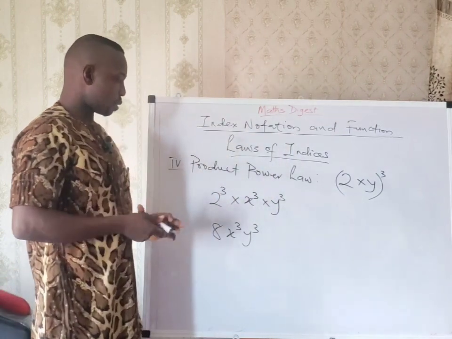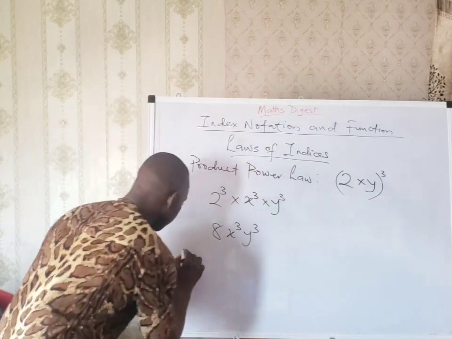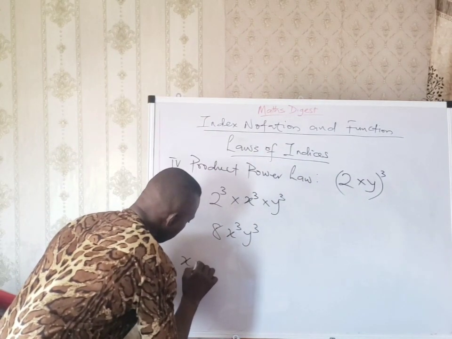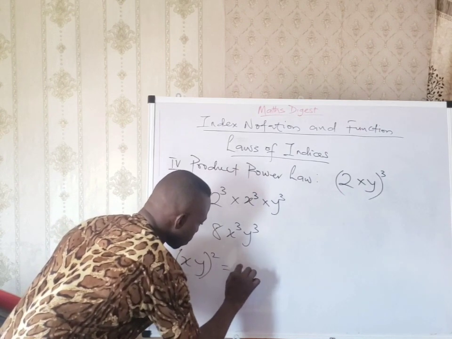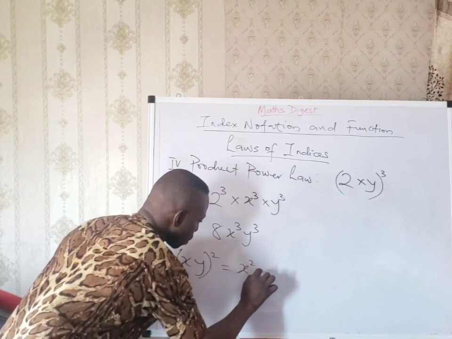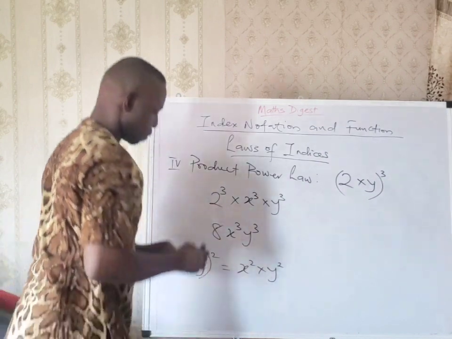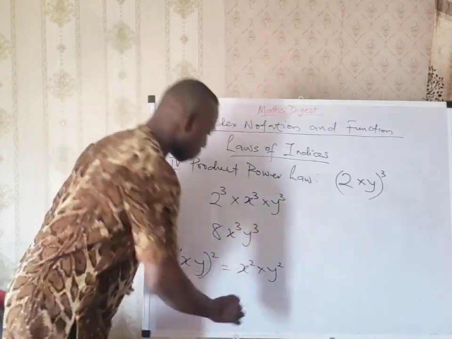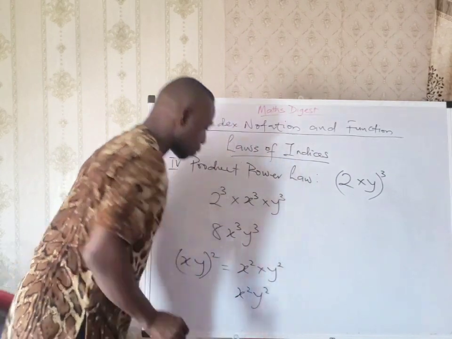Now, in general, if you have xy raised to power 2, what it simply gives you is x raised to power 2 times y raised to power 2. So that is what it means. You simply drop it to x raised to power 2 y raised to power 2.